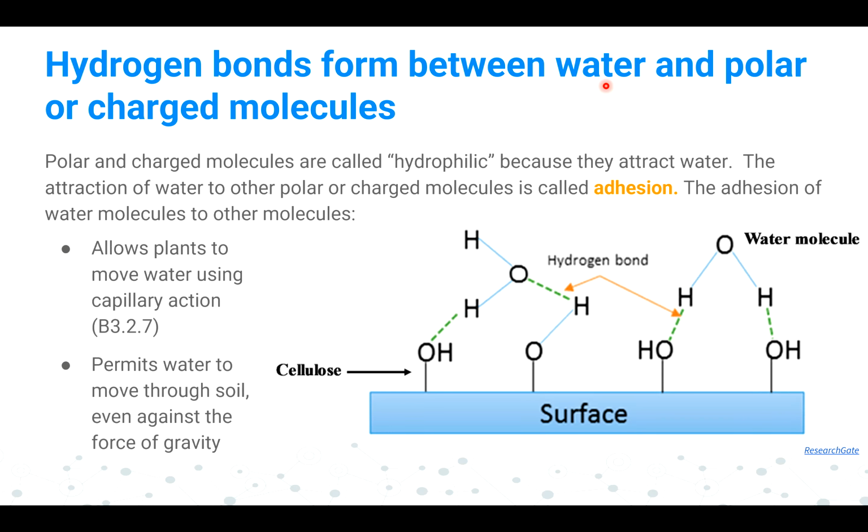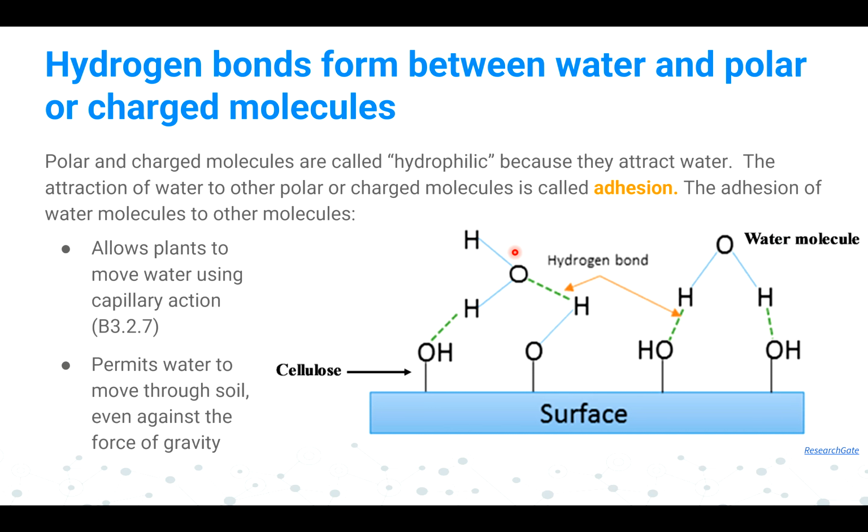So a hydrogen bond forms between water and a polar or charged molecule like this. Suppose this is the surface, and let's imagine the surface has some charge, like a hydroxide ion or oxygen, right? So the water molecule has hydrogen, which can bind with the partial negative of oxygen. Again you can see a hydrogen bond is formed, because oxygen is electronegative and hydrogen is electropositive.